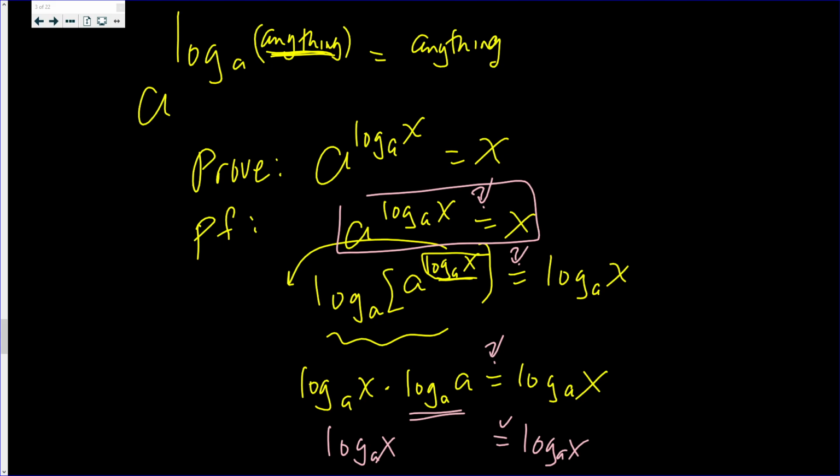Okay, as long as if you say this is equal to that, and then you do legal things, you multiply both sides by 2, you take the square root of both sides, and you take log of both sides, and then you get 7 is equal to 7, which is true.